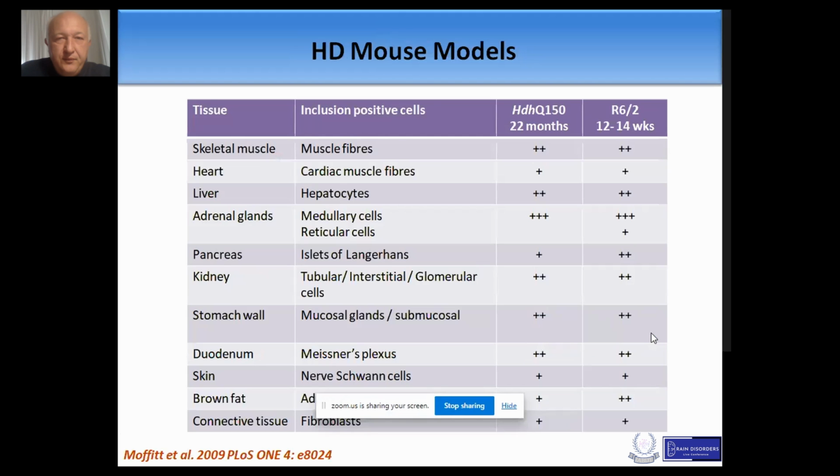As I mentioned, it is expressed everywhere, and the CAG expansion, which is translated to glutamine, so we have the polyQ tract, makes this protein prone to aggregate, and at least in all the mouse models, we can detect aggregates of mutant huntingtin in different cells and tissues.